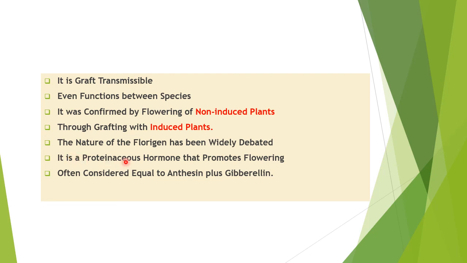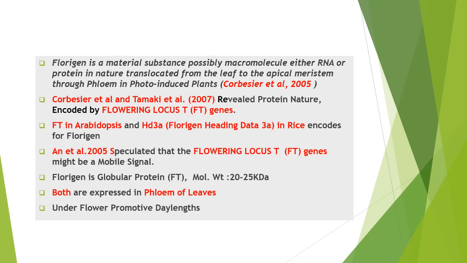It is a potent hormone that promotes flowering, often considered equal to anthesin plus gibberellins. But with the passage of time, with more research, florigen is a material substance, possibly a macromolecule, either RNA or protein in nature, translocated from the leaf to the apical meristem through phloem in photo-induced plants.